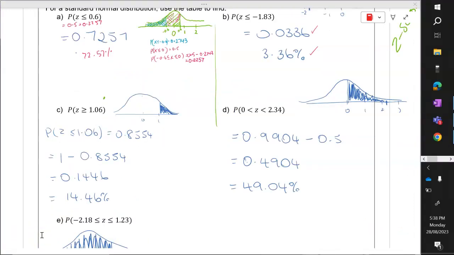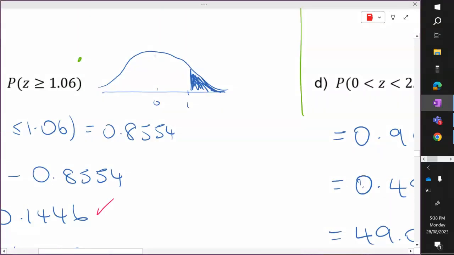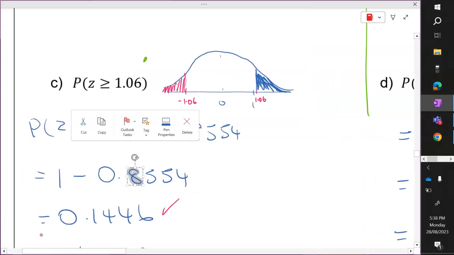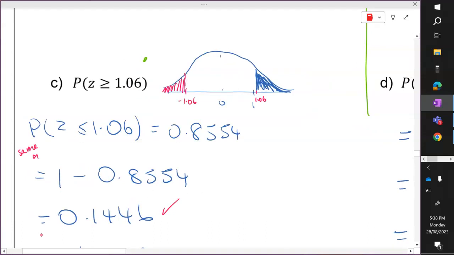So what I am going to do, there's my answer, but how I'm going to do it is I'm going to think of it as, well, there's my 1.06 there. That's going to mirror what I get when I have a number down here.